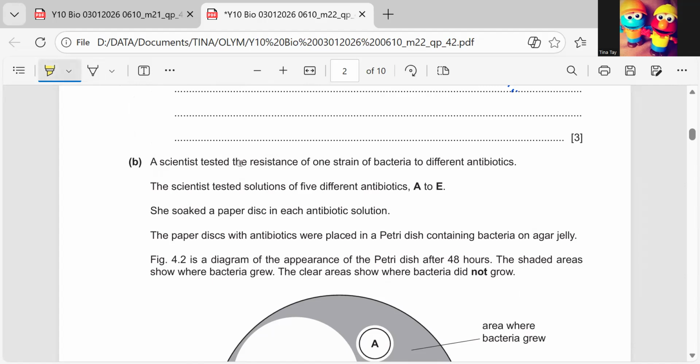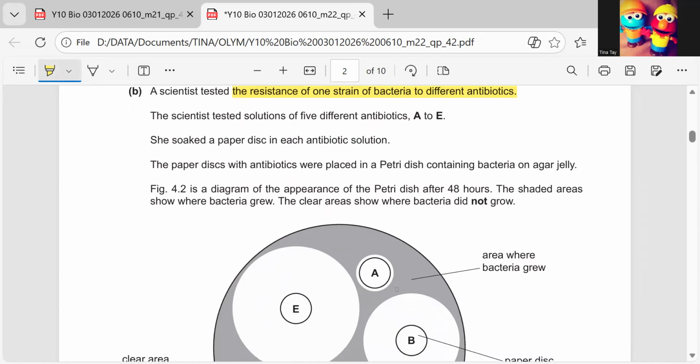Scientists tested the resistance of one strain of bacteria to different antibiotics. So the antibiotic is changed. This is the agar. The darker area is where the bacteria grow.